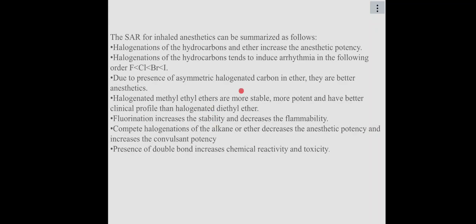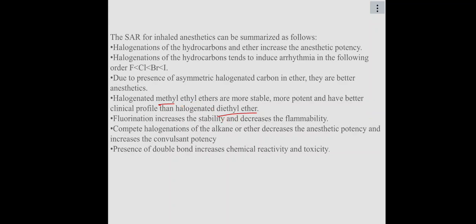Due to the presence of asymmetric halogenated carbon in ether, they are better anesthetics. Halogenated methyl ethyl ethers are more stable, more potent, and have a better clinical profile than the halogenated diethyl ethers. That means one is a methyl group on one side of the ether, and the other one is an ethyl. Those were found to have better activity than when you have the diethyl ether.